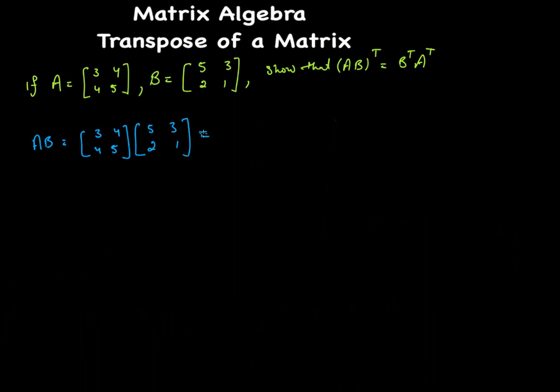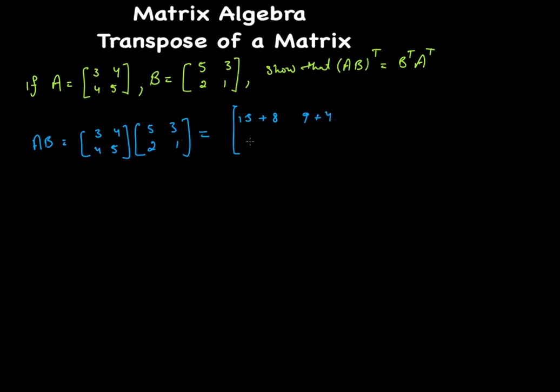So we're going to use the multiplication property. The columns of the first one, which is 2, need to be equal to the rows of the second one, which is 2. That means we can multiply these two, and that gives me 3 times 5 is 15, plus 4 times 2 is 8, and 3 times 3 is 9, and 4 times 1 is 4.